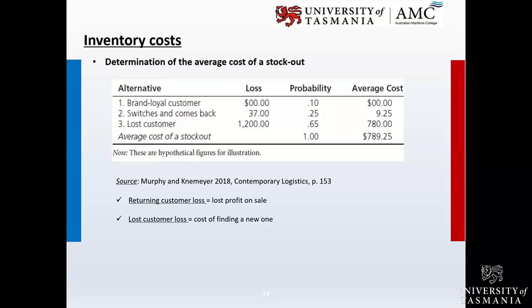Here in this table, we find the probability of being a brand loyal customer is 0.1 or 10%. So we can calculate the average cost of this type of customer. The average cost will be the loss times probability. The second type is switches and comes back.